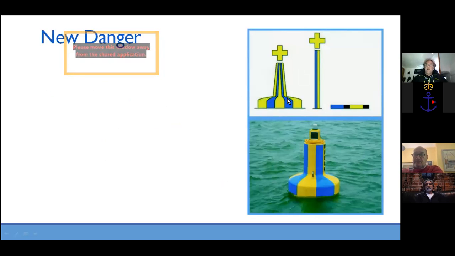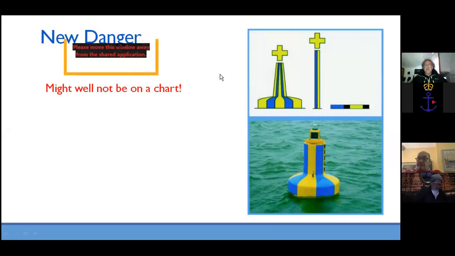New danger. Now that was the one we showed you earlier where it said wreck. New dangers are likely to be wrecks. When you think about it, there's not going to be new rocks growing outside your harbor, but there might well be a wreck. The main thing is they might well not be charted. They haven't put an isolated danger buoy down there. This is something that will not be on your chart. Okay?